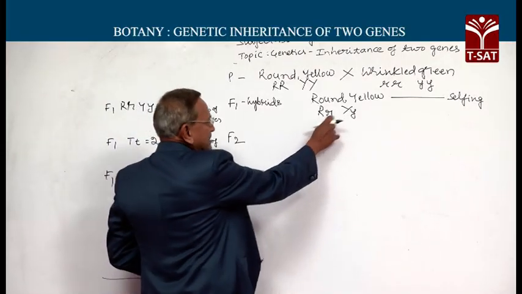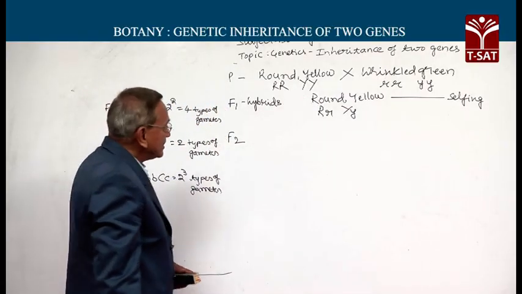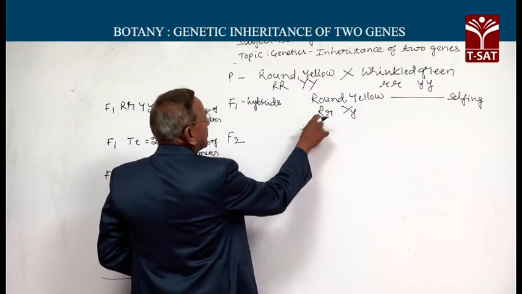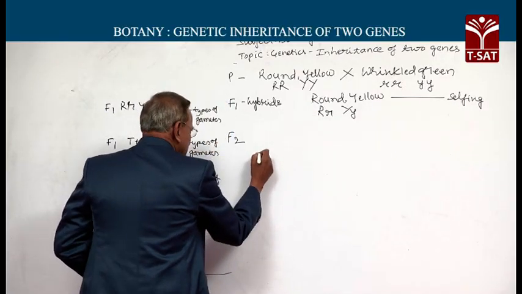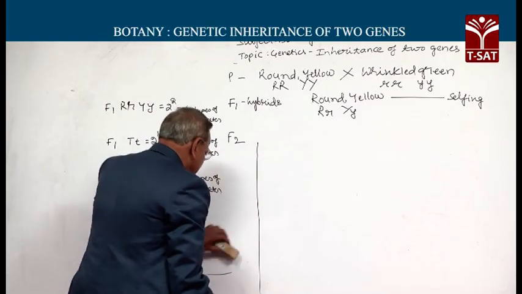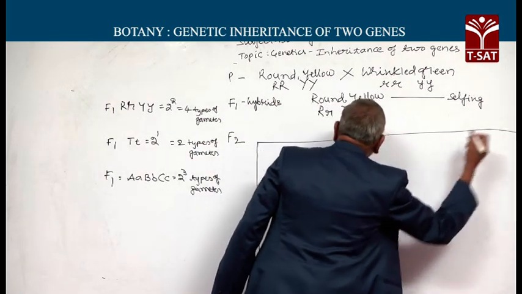Since it is heterozygous for two pairs, it should produce 4 types of gametes, and equal number of gametes will be produced in 4 combinations. Here is the list of gametes and their possible progeny.